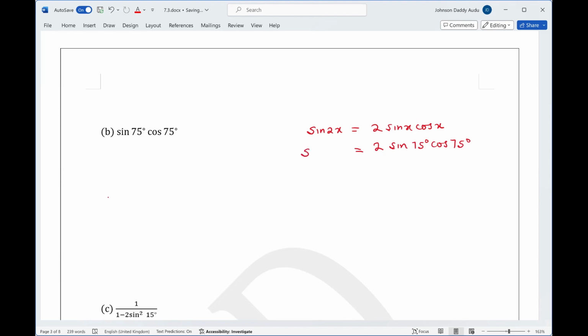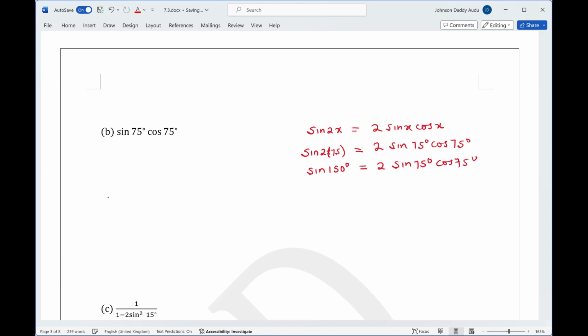Here is going to be sine 2 times what? What is x? x is what? 75. So this is going to be sine 150 degrees equals to what? 2 sine 75 cosine 75.